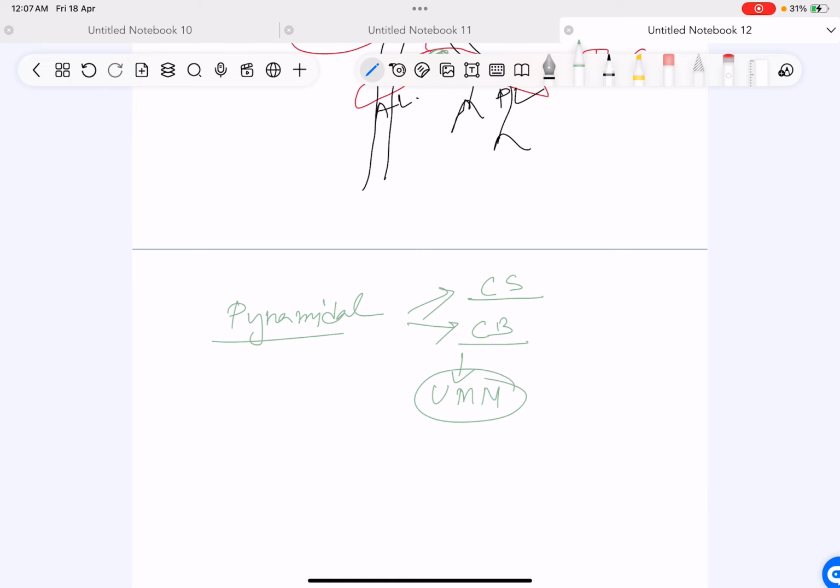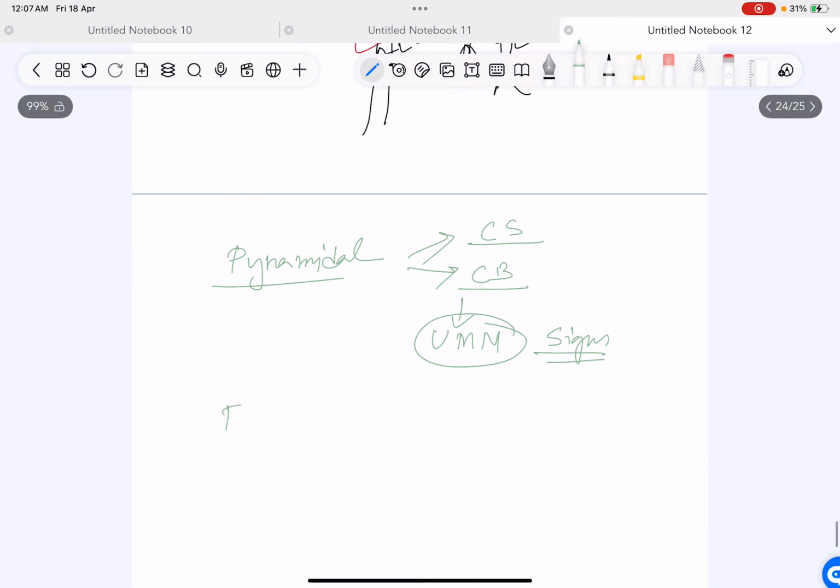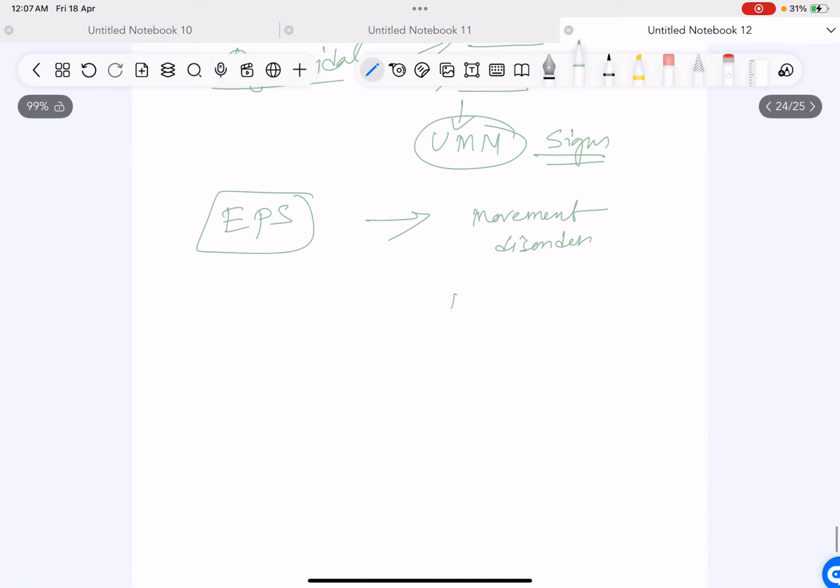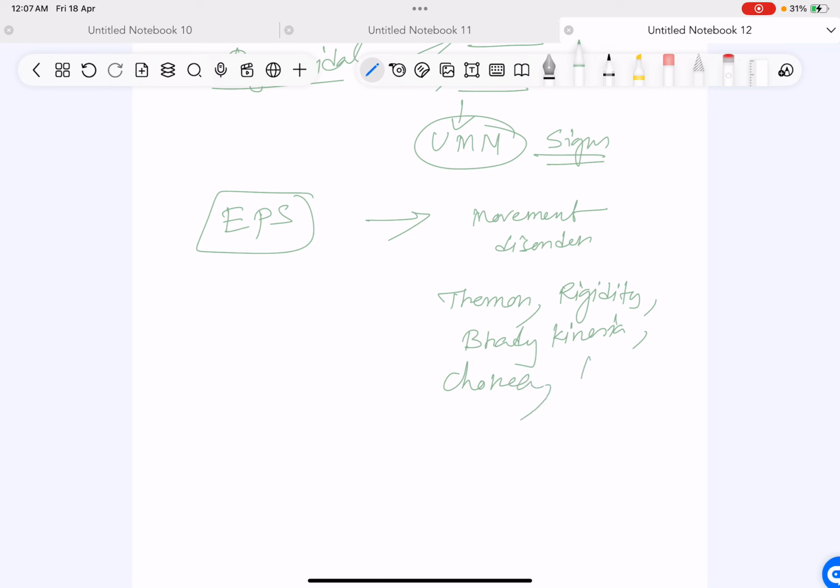So if you have any involvement of the pyramidal system, you will have the upper motor neuron signs, and if it is involvement of the extrapyramidal system, then you will have the movement disorders like tremor, rigidity, bradykinesia, chorea, and dystonia.